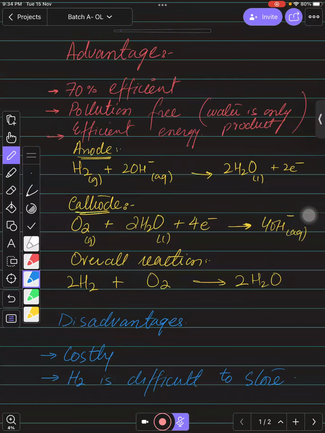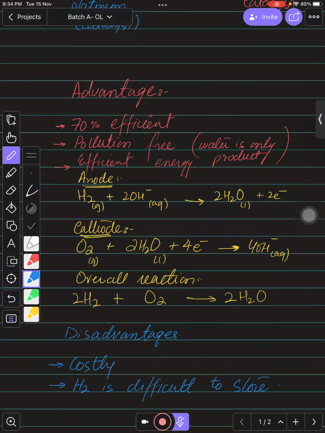That is why it is 70% efficient, and the problem is that hydrogen is a gas. The molecular mass of hydrogen gas is very small, only 2, so it will show the highest diffusion of all gases, right? So that is why it is very difficult for us to store this gas as a fuel, right, bachcho? Is that clear or not? Yes, sir.